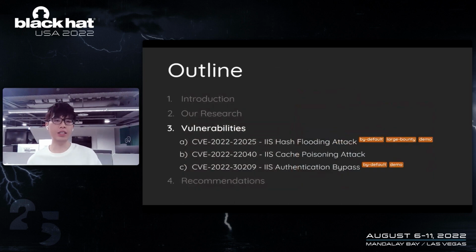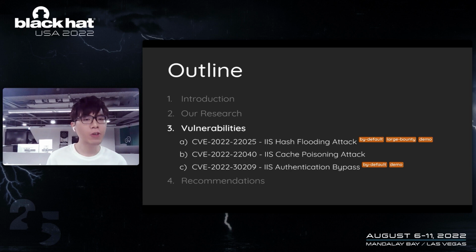The following section is about our research and the bugs. In this section, we will first elaborate on our idea and the direction we are trying to find bugs. We will present three different types of vulnerabilities to prove our idea works.